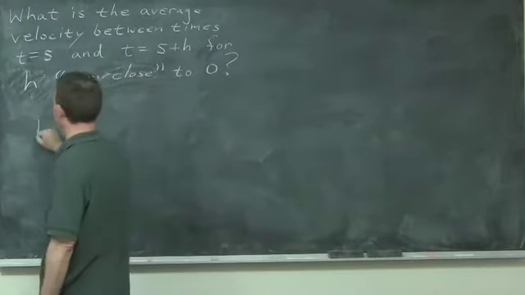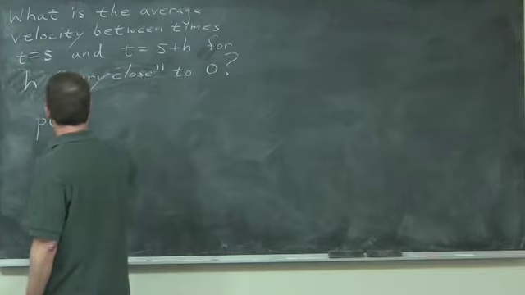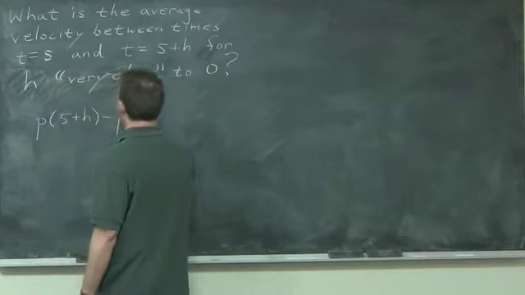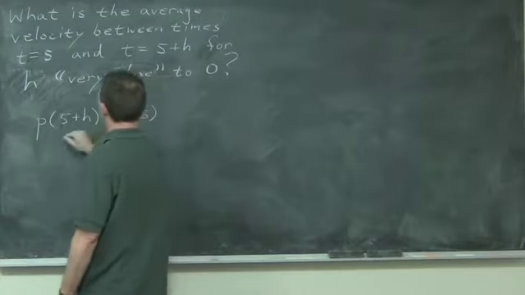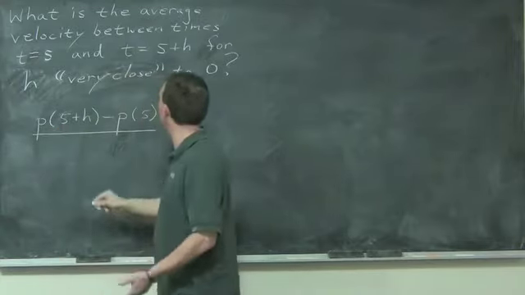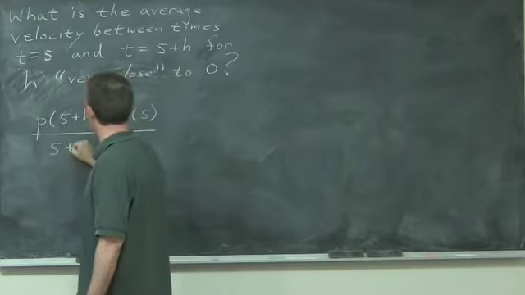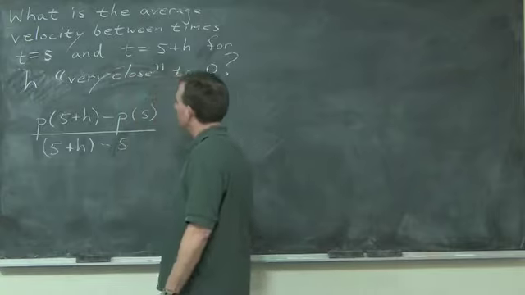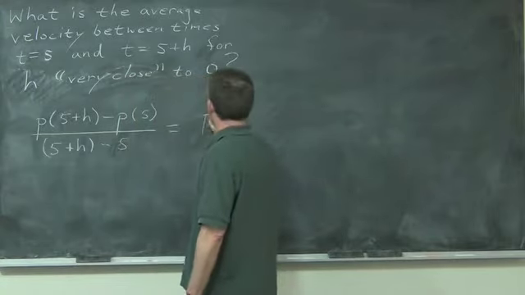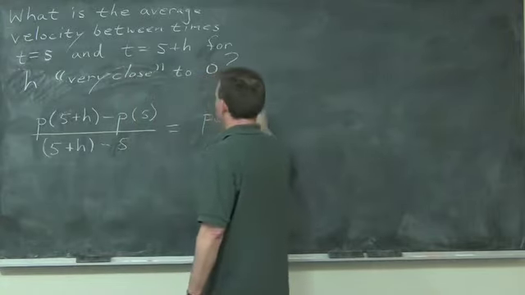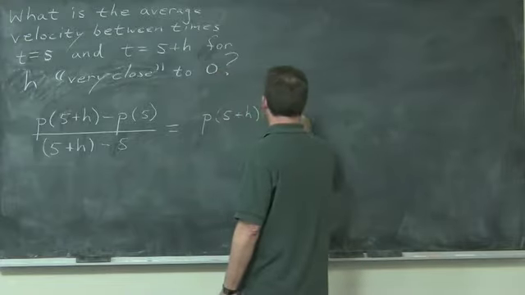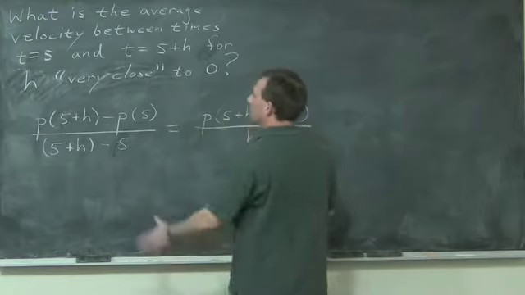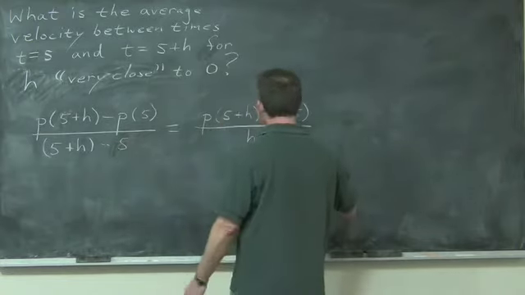By definition, you take the position at time 5 plus h, you subtract the position at time 5, and you divide by the change in time. So 5 plus h minus 5. And so you get p of 5 plus h minus p of 5, the change in position, over just h, which is the change in time here.